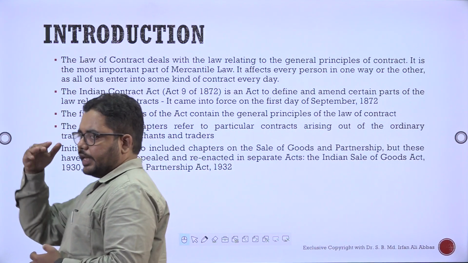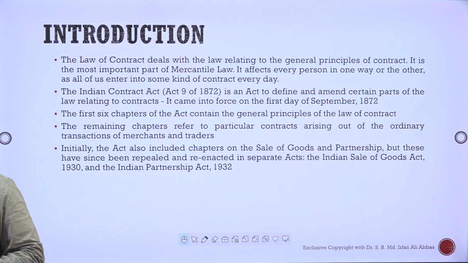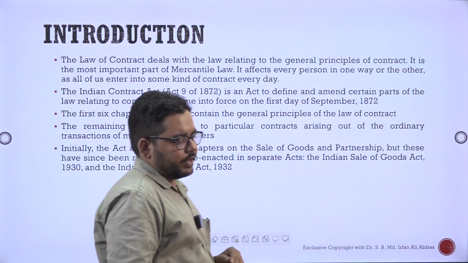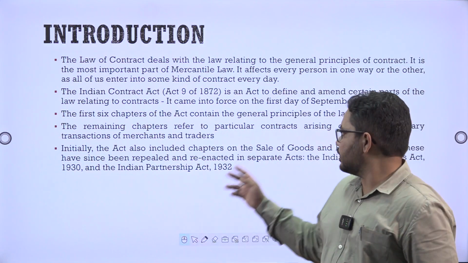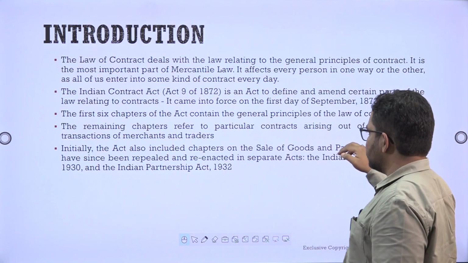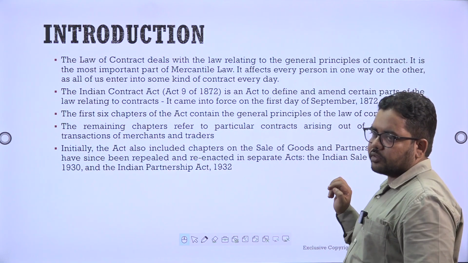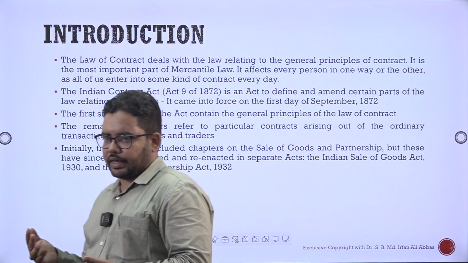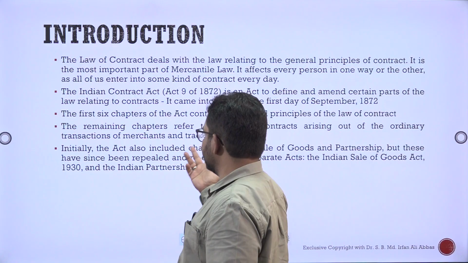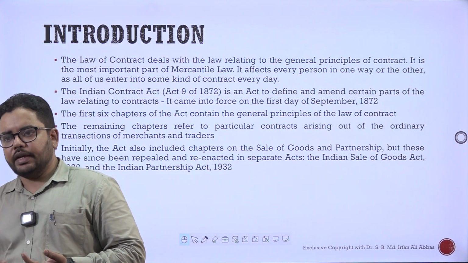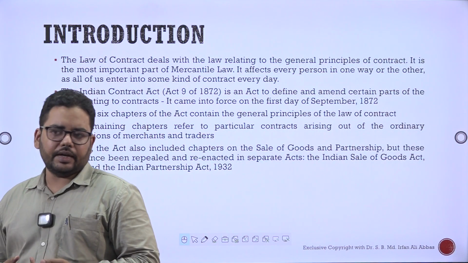Now if you look at the scheme of the enactment, that is how you need to study any act, right? In the scheme you will find that the first 6 chapters of the Indian Contract Act deal with general principles of the law of contract, and the remaining chapters refer to particular contracts arising out of ordinary transactions by merchants and traders, like bailment, pledge, agency, guarantee, indemnity.